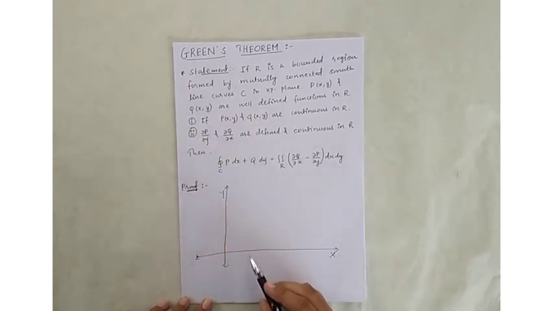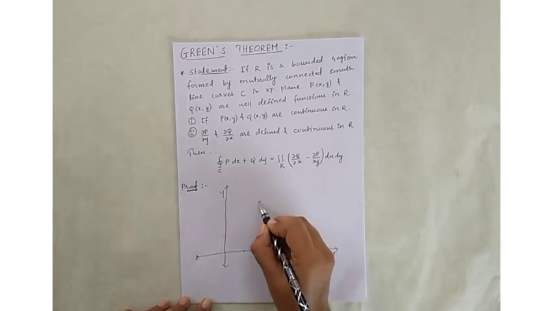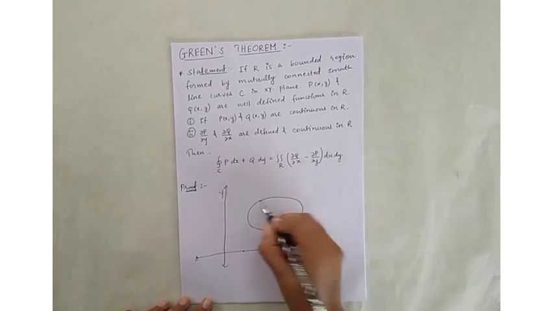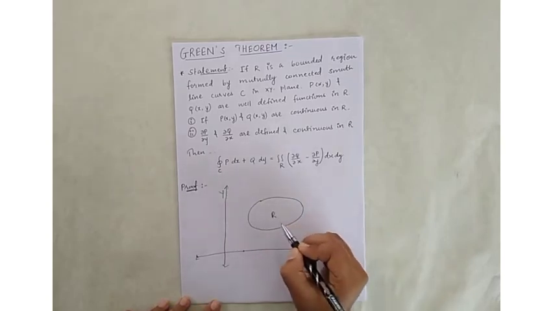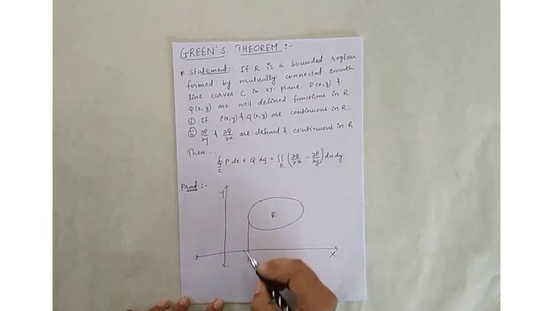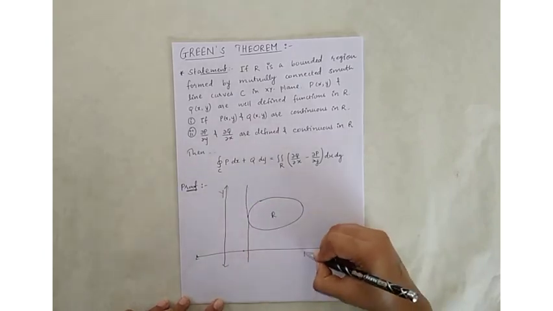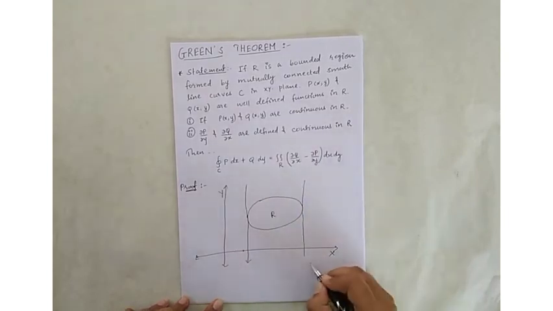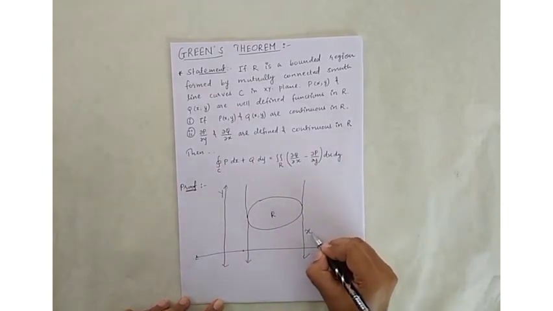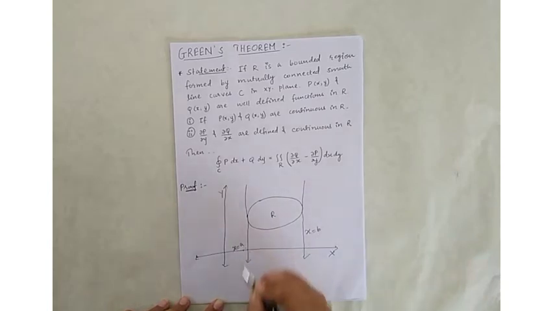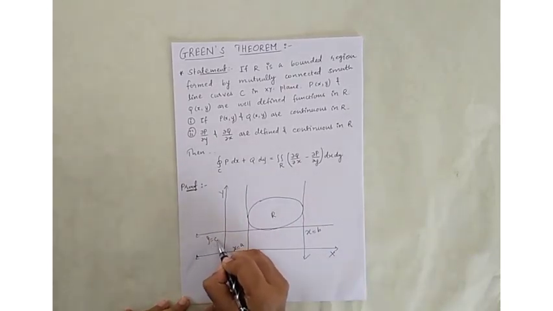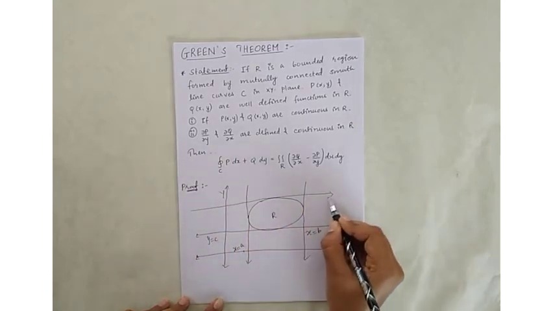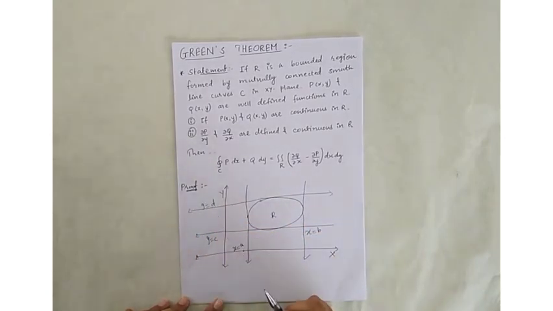In the xy plane, I am going to take some closed curve C, and the region is R, bounded on the x-axis by the lines x equals a and x equals b, and on the y-axis it is bounded by the lines y equals c and y equals d.